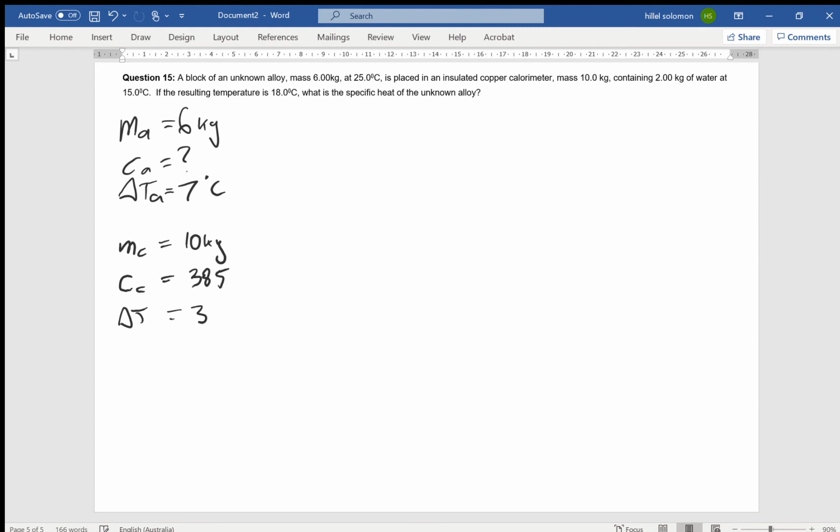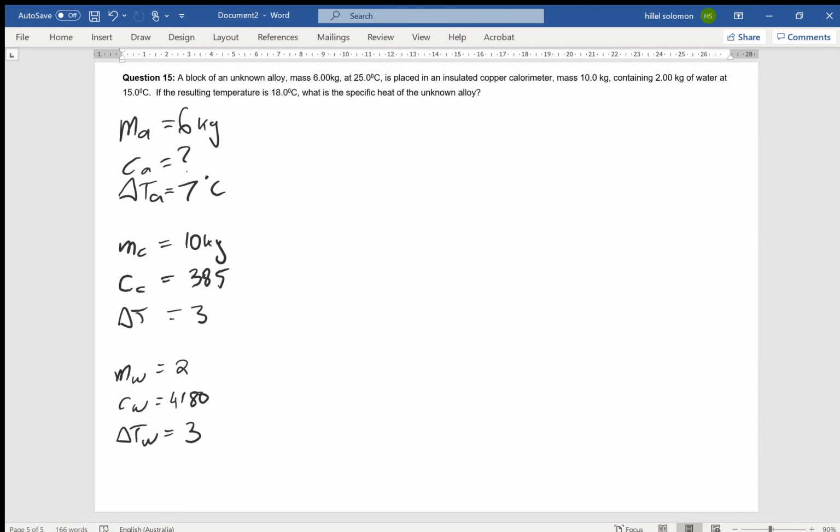So that's a change in temperature of 3 degrees Celsius. And then the last component is the water. So the mass of water is 2 kilograms. Specific heat capacity is 4180. And the water has also gone from 15 up to 18. So that's a change of 3 degrees Celsius.